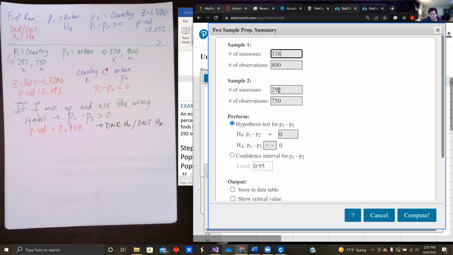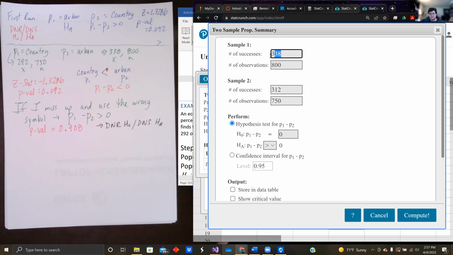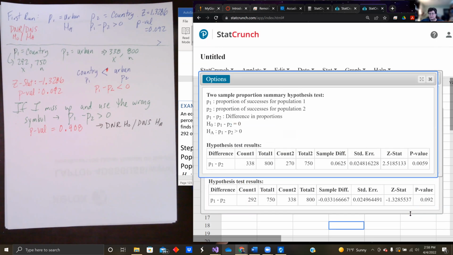I'm going to make this, I don't know, let's go with 312. Would that give me a p-value that's, nope, that went the other way. So let me make that like 270. I want a p-value that's low. There we go.